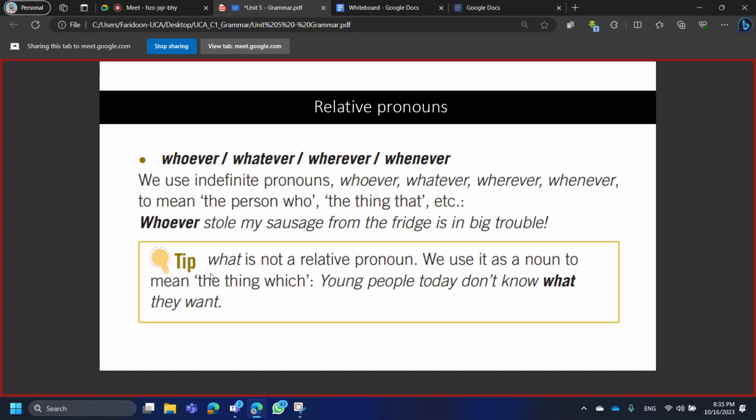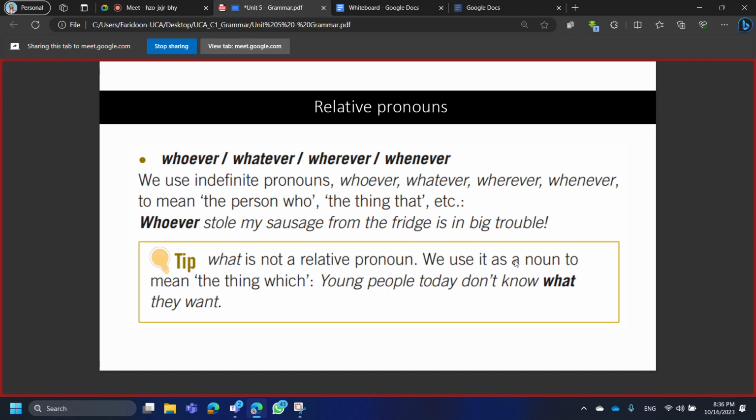And there's a tip here. Let's read it. What is actually not a relative pronoun. Good, we should know that. We use it as a noun to mean the thing which. For example, young people today don't know what they want. As you can see, it's not an actual relative pronoun.